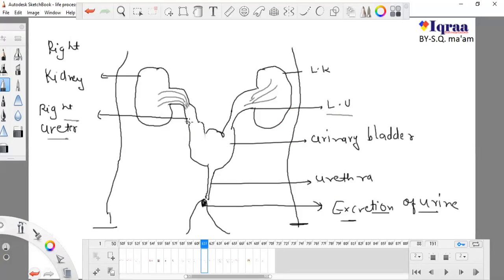That is our ureter, and both ureters aggregate into the urinary bladder. The urinary bladder contains urine, which you can store for hours, and when you want, you release it via the urethra.